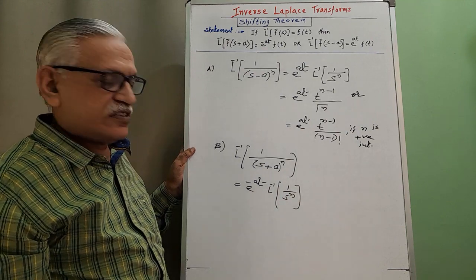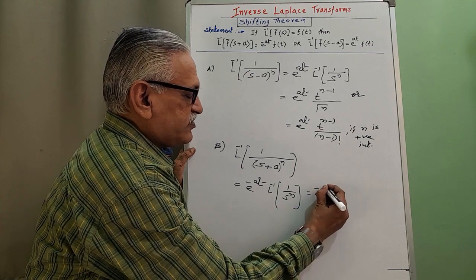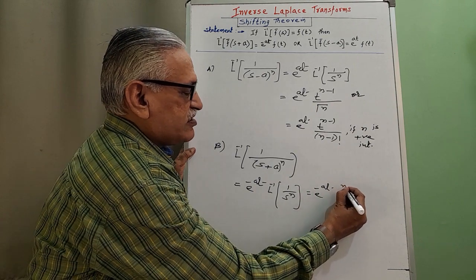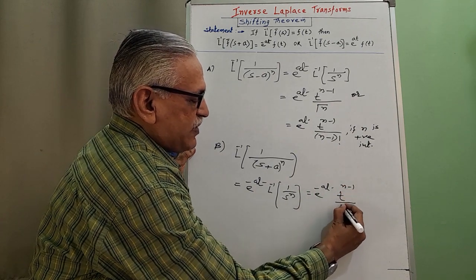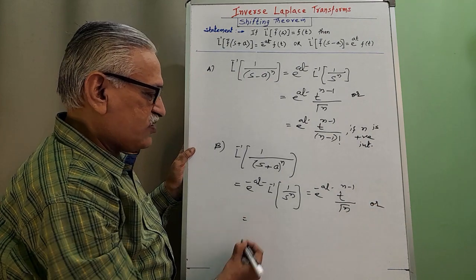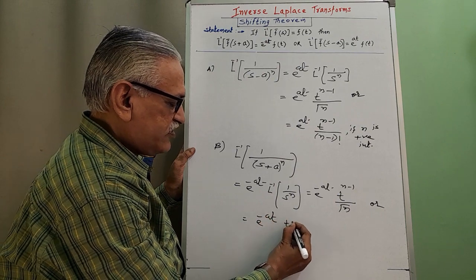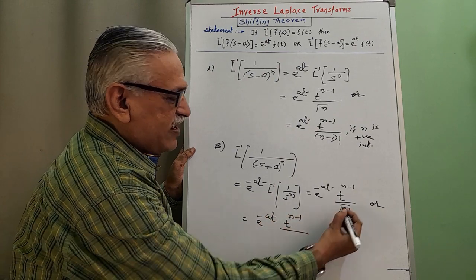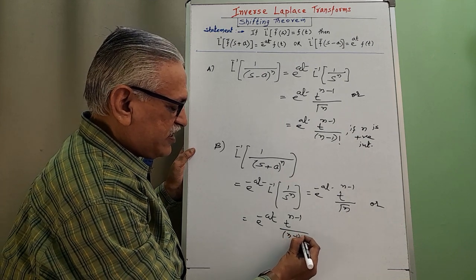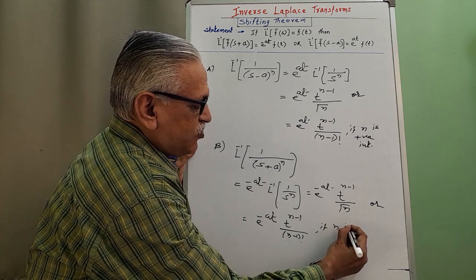And its inverse, we have two results once again. Therefore, it is e raised to minus at t raised to n minus 1 divided by gamma n, or we have another value as e raised to minus at t raised to n minus 1, and the value of gamma n, when it is positive integer, is n minus 1 factorial if n is positive integer.